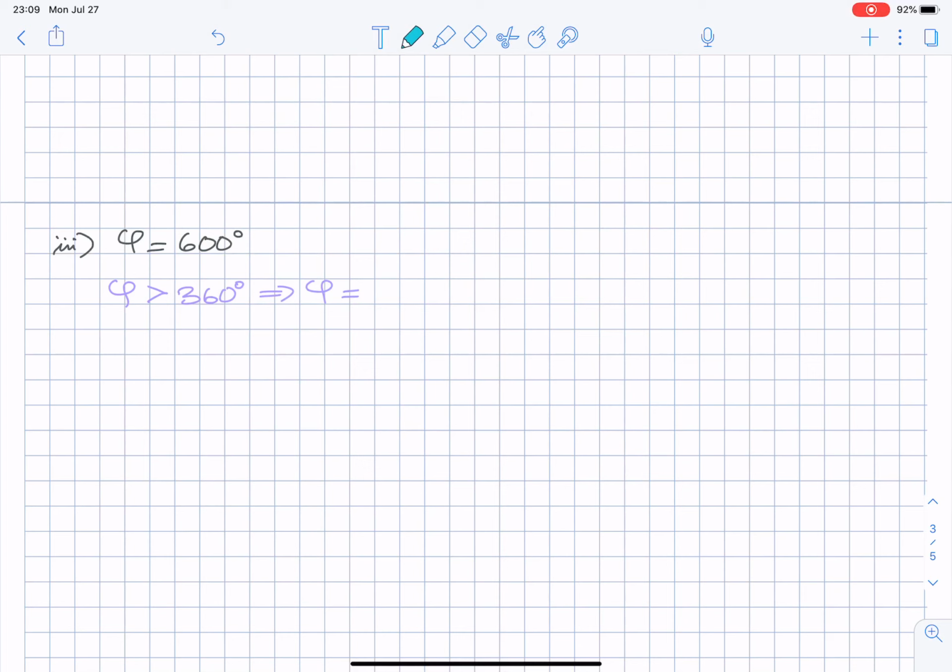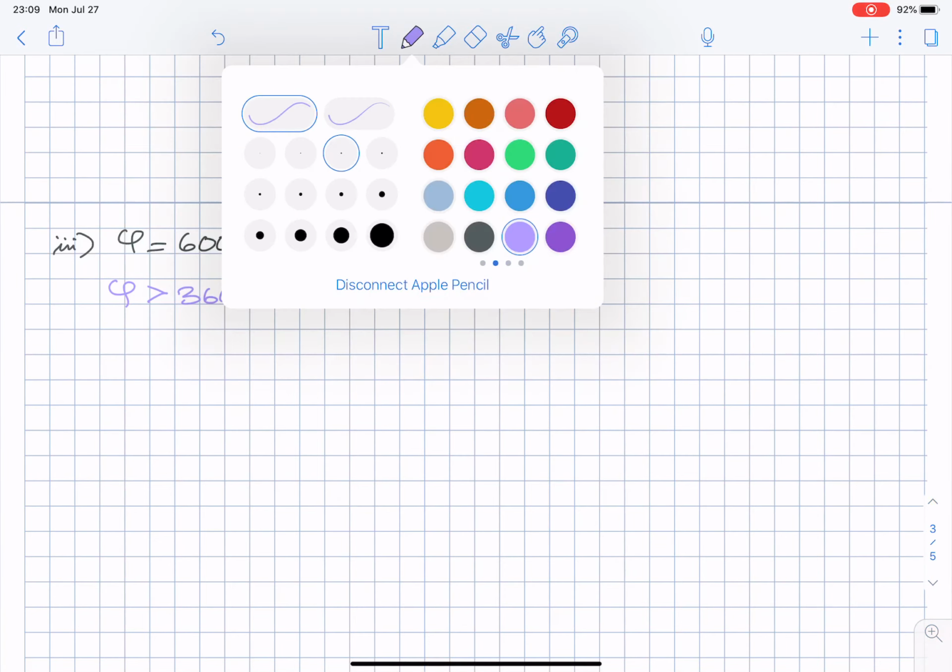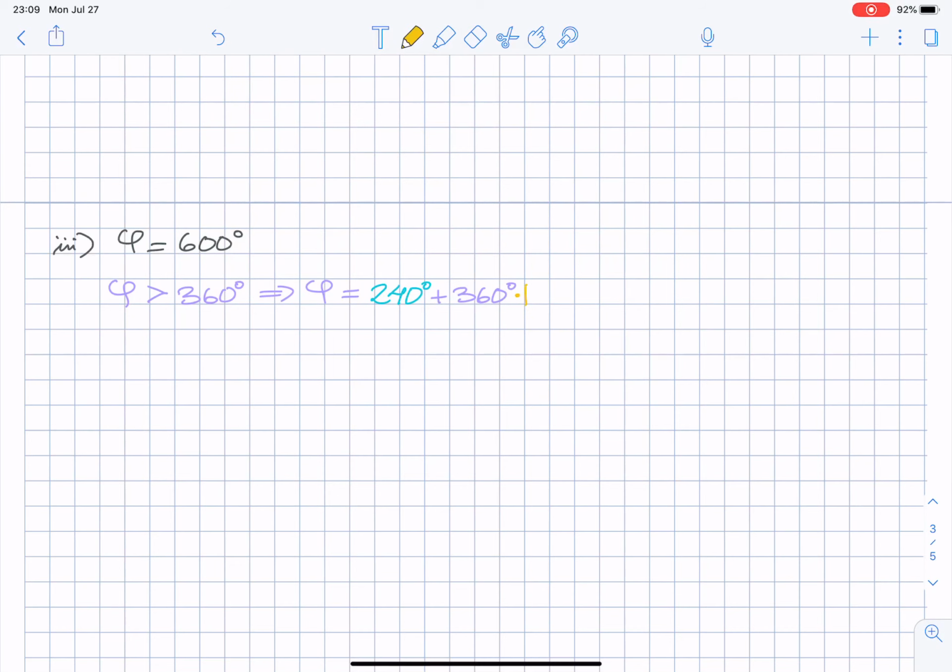So 360 and 360 is 720. So it's actually just going to be, what's the difference between 360 and 600? Well, what's that, 240? 240 degrees plus 360 degrees times 1, right? So now I'm going to plot angle alpha equal to 240 degrees. And then we'll find the reference angle.